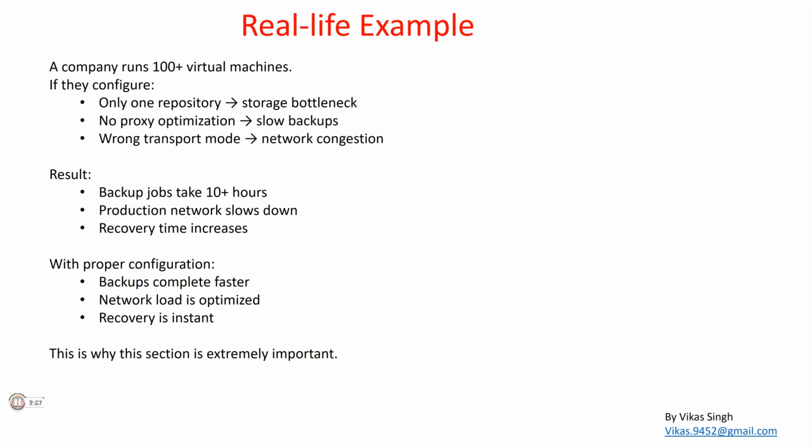If the wrong transport mode is used, the network gets congested. This results in backup jobs taking more than 10 hours, the production network becoming slow, and recovery taking longer. But with proper configuration, jobs get completed faster, network load is optimized, and recovery becomes much quicker. This is why repository configuration is extremely important in a real world environment.